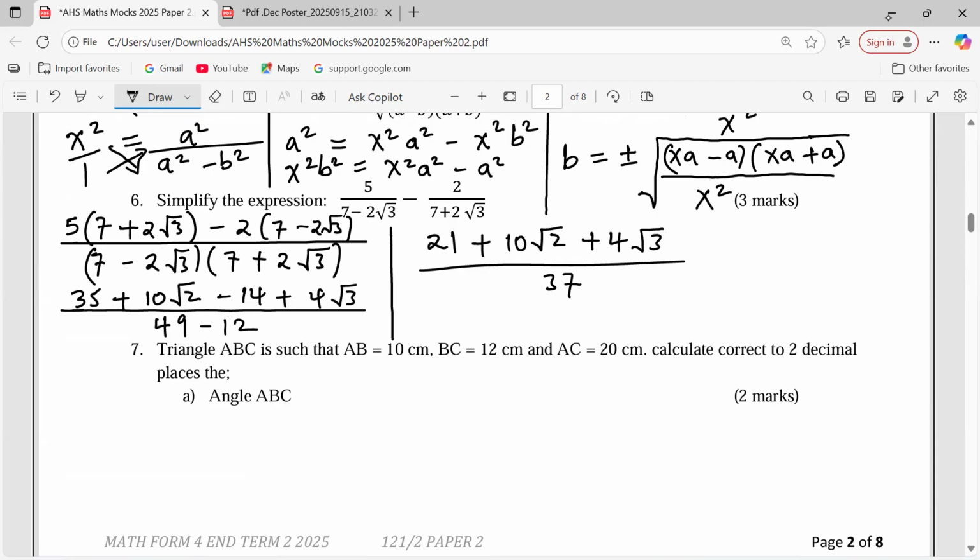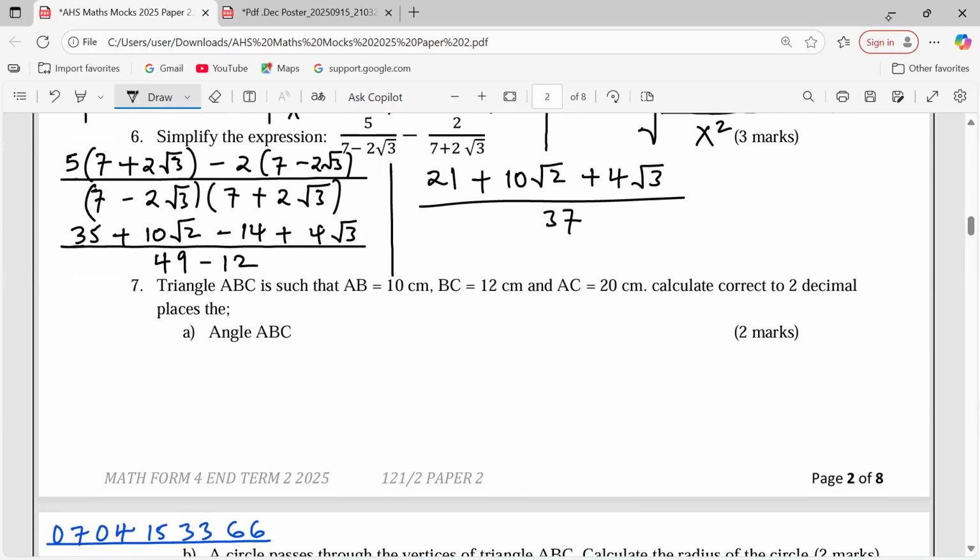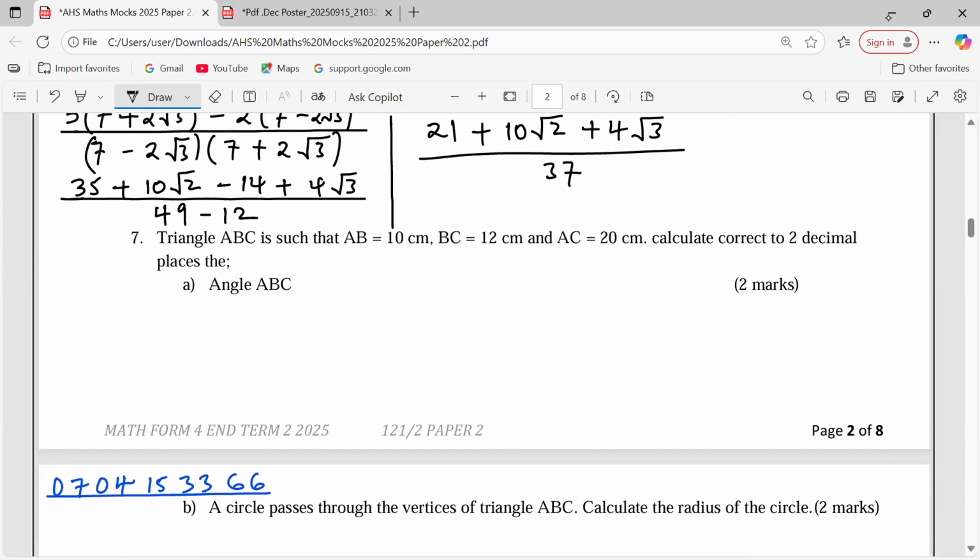So this is now the most simplified because there is nothing that we can add on the numerator. There is nothing that we can simplify from the denominator. So that is simply how we are supposed to work it out.